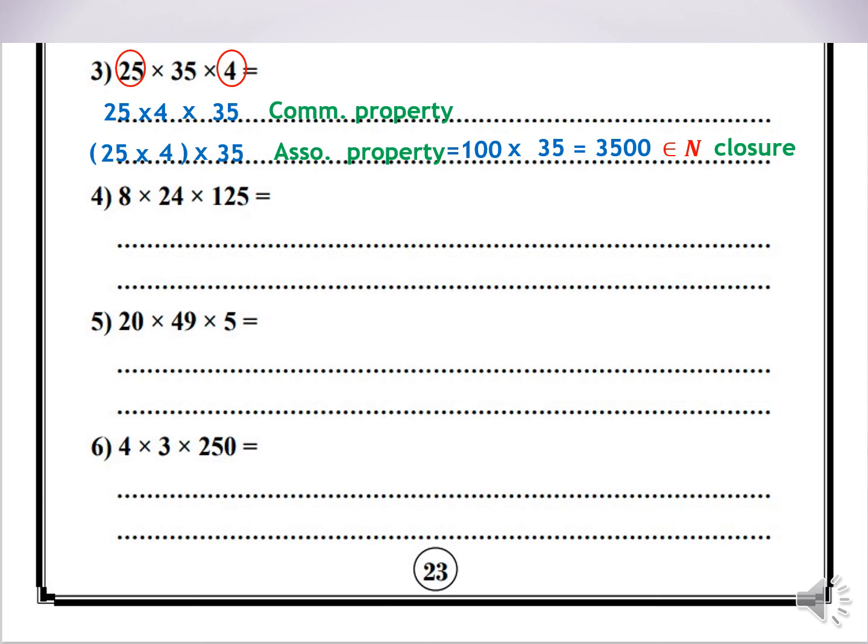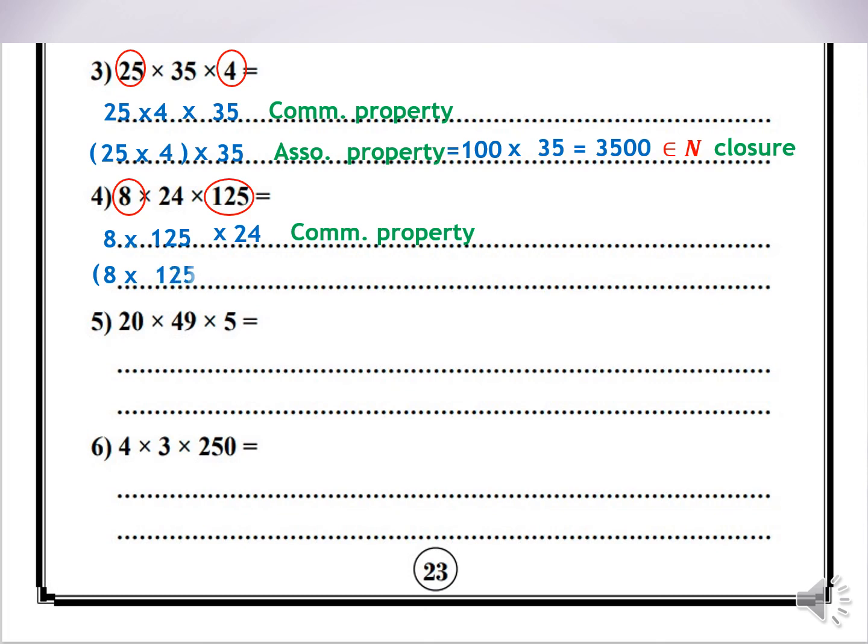In number 4, 8 times 24 times 125. I have 8 and 125 are friends. So I will write 8 multiply 125 and then multiply 24. This is called commutative property. I just changed the places of the numbers.